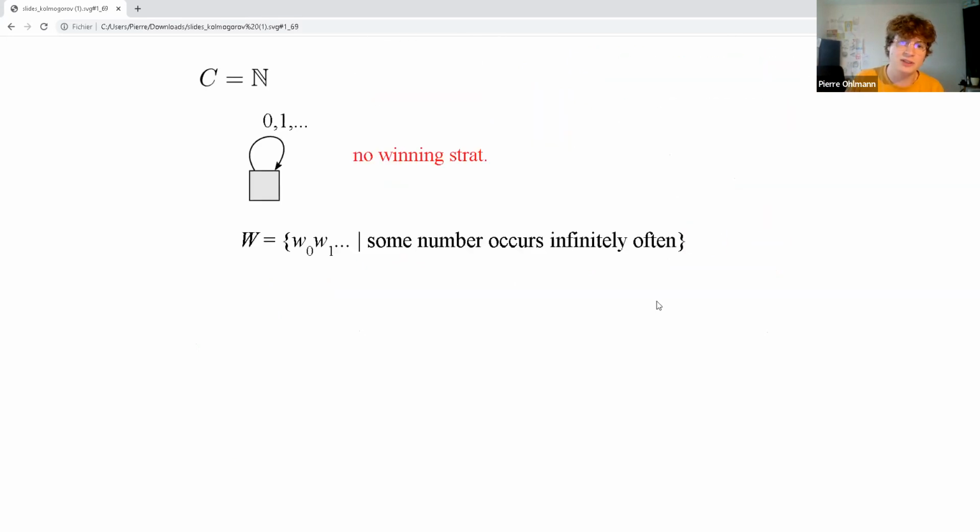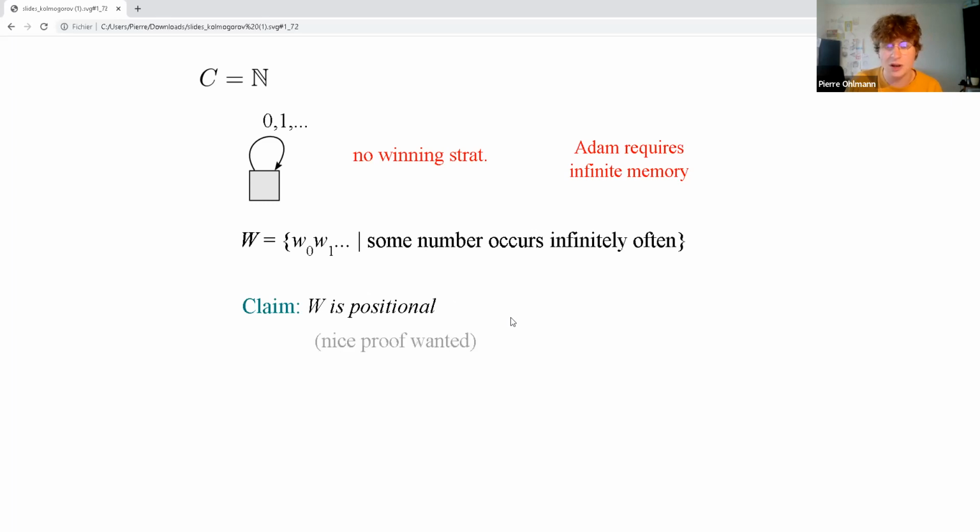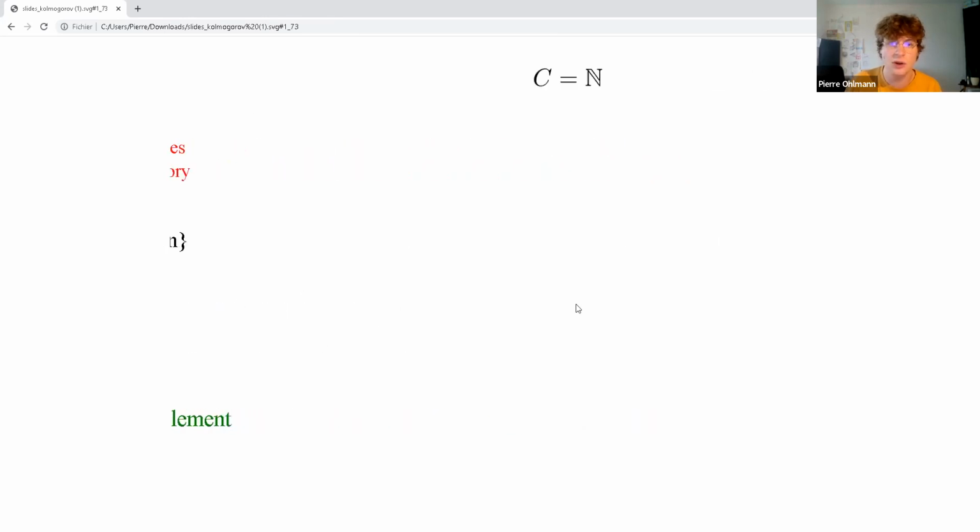Then we looked at this example where I said that it's not easy to prove positionality, but it is positional. I think we won't go into the details of this unless you really want to.